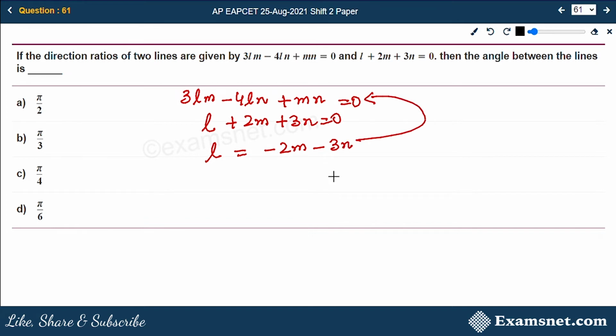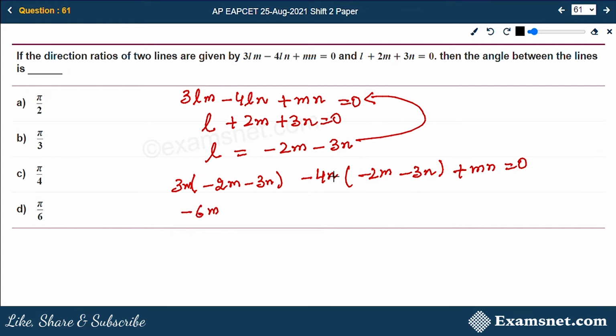Put this l in the first equation, you will get 3 into minus 2m minus 3n, and m will also be multiplied over here, minus 4n into minus 2m minus 3n plus mn is equal to 0. This gives minus 6m square minus 9mn plus 8mn plus 12n square plus mn is equal to 0.